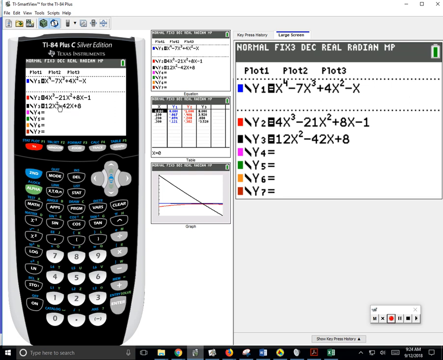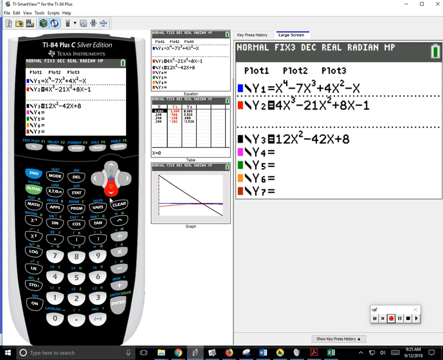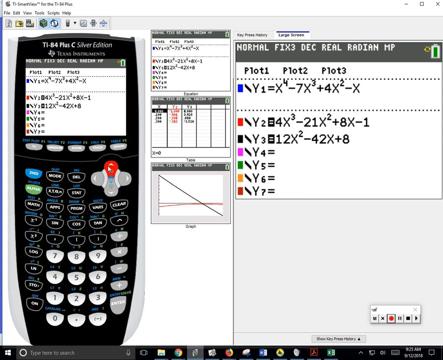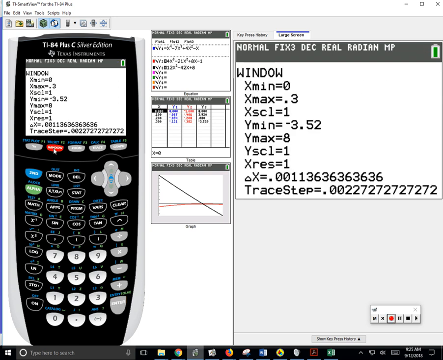To turn off a graph, all you have to do is highlight the equal sign, press Enter, and the calculator will unhighlight the equal sign, which will prevent that particular graph from being graphed. Question. That's pretty handy in some situations. So I'll turn it back on, and then we'll window 0 to 7, zoom fit.